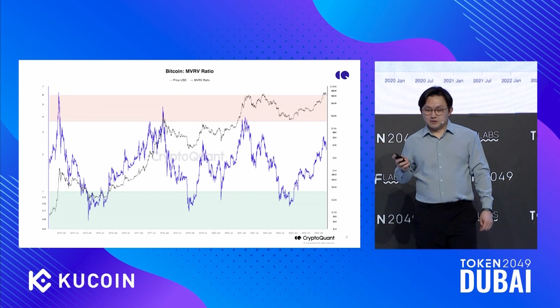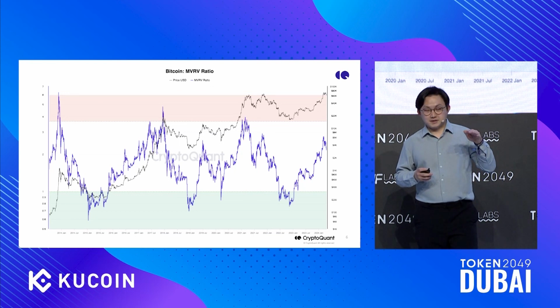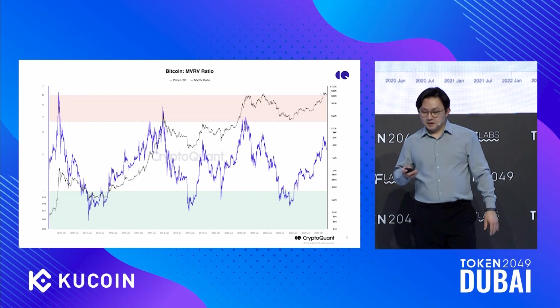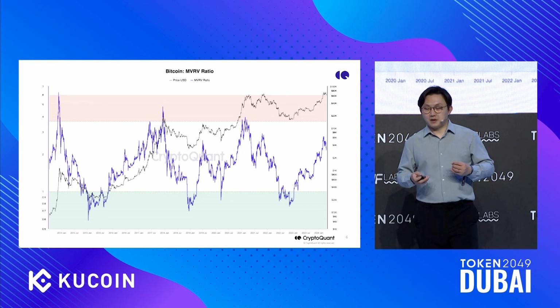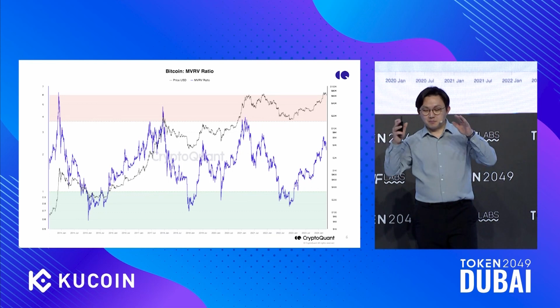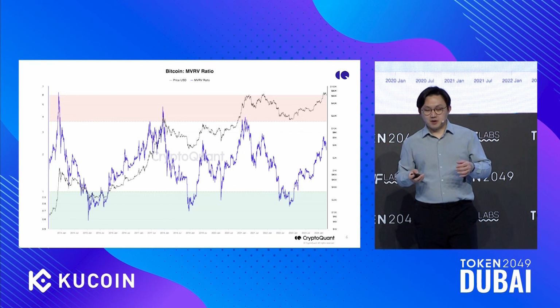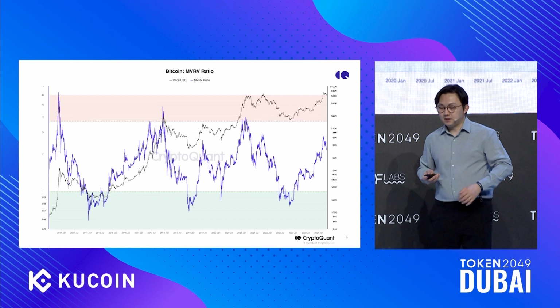This indicator is MVRV, market value to realized value. If you track the realized price and compare it to the market price right now, and the indicator says 2.7, that means the average cost basis P&L for all blockchain wallets is around 170% profit.